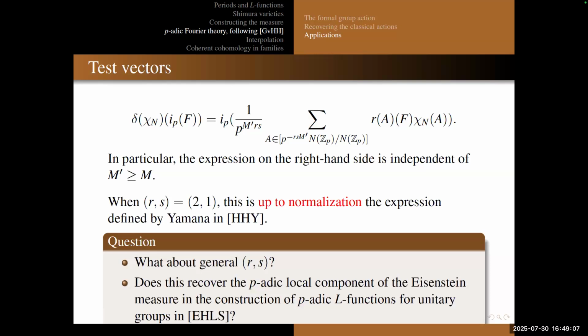But when S is 2, 1, this is up to some various normalizations precisely the expression that Yamana discovered to evaluate the p-adic measure at this character. He found it I suppose by trial and error.